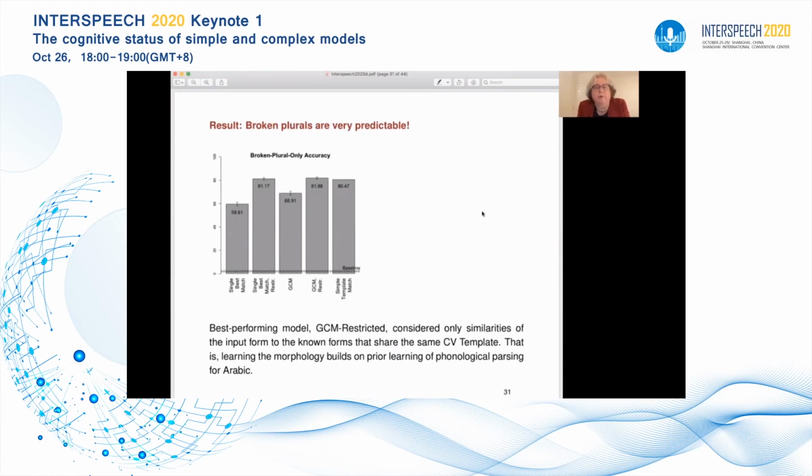And it turns out that the broken plural is very predictable. And the best performing model considered only similarities to known forms that share the same CV template, and that means that it's learnable, provided that you can build on prior learning of phonological parsing for Arabic. But as I've said, I think that is a tractable problem.